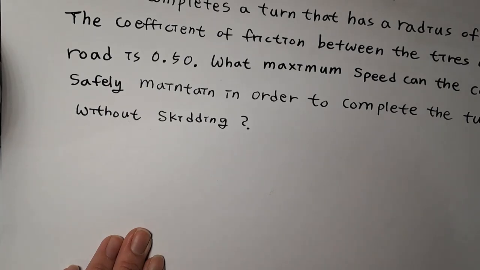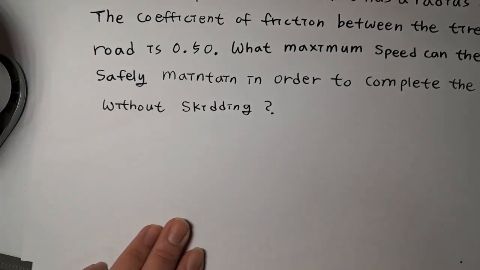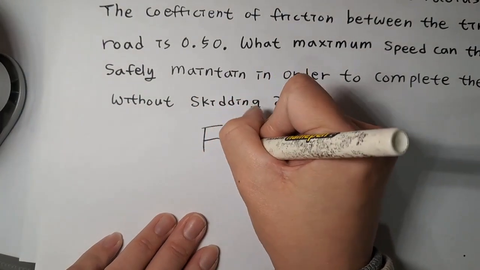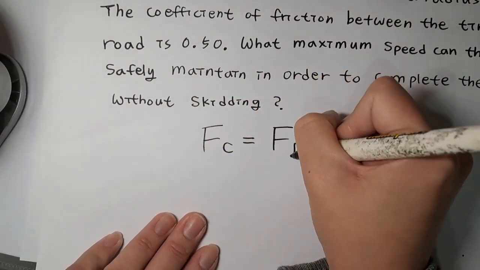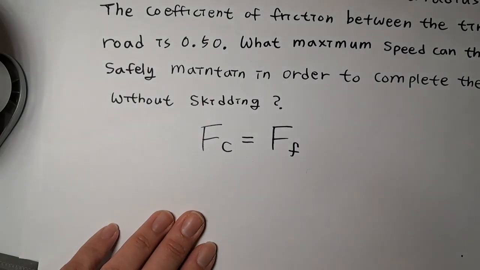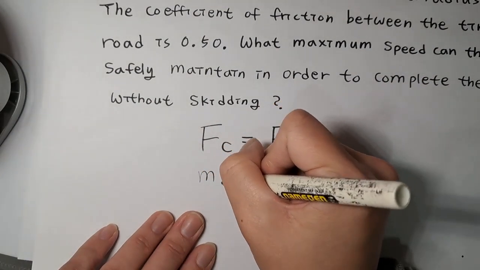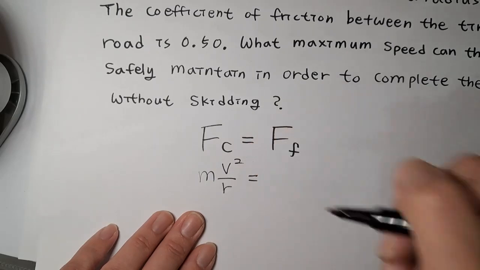The friction force holds the car in the turn and creates the net centripetal force, acting toward the center of the circular motion. So this is the centripetal force. This is the friction force. So we are going to find this equation.